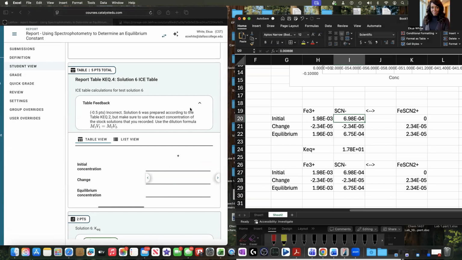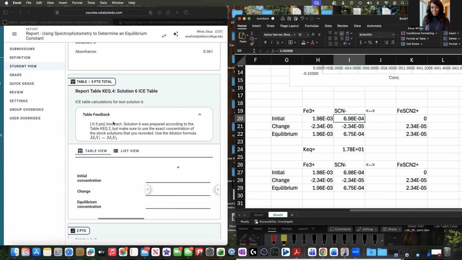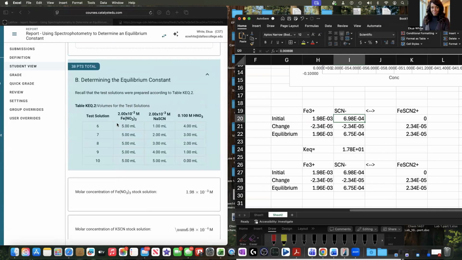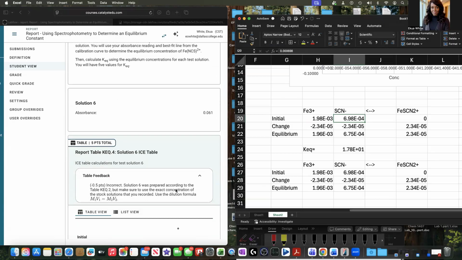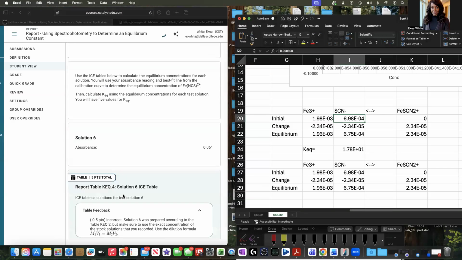Solution 6 was prepared according to the table, KEQ2, but make sure you use the exact concentration for your M1V1. Use the exact concentration of the stock solution I've recorded, use the dilution formula M1V1.